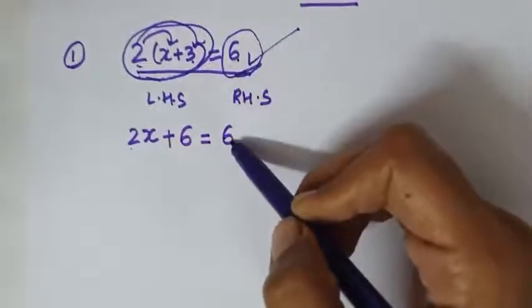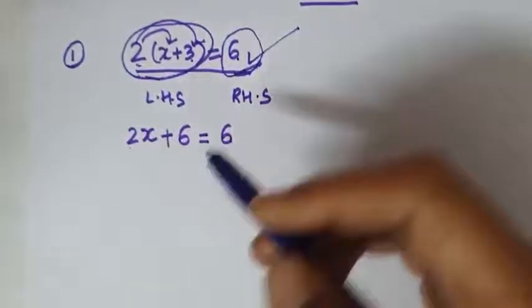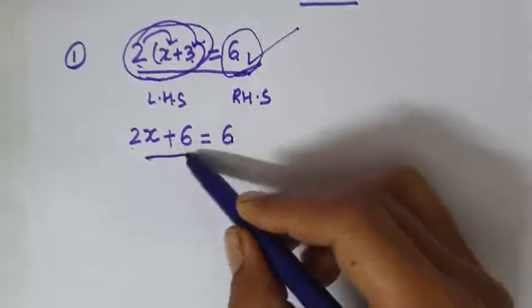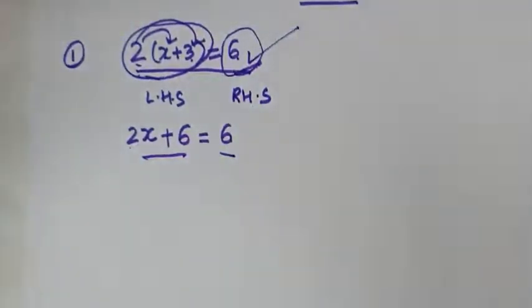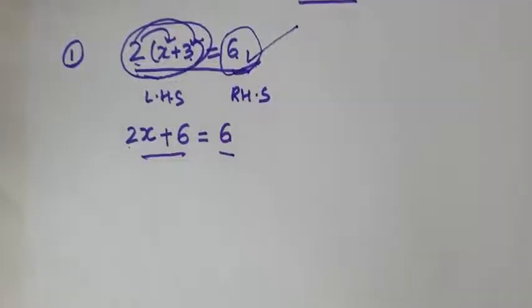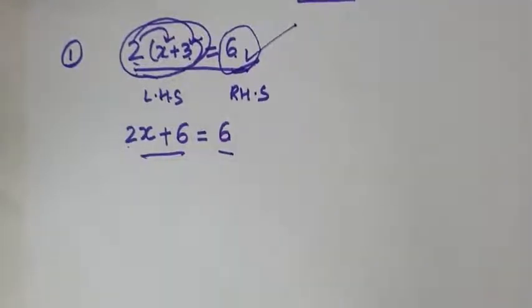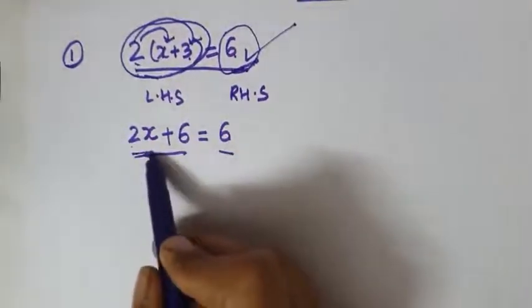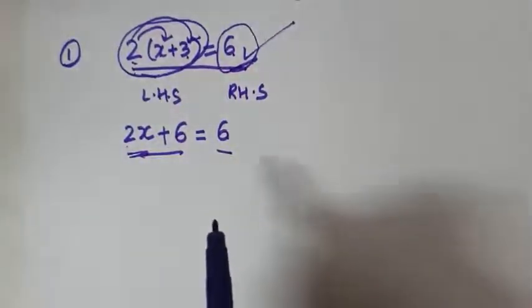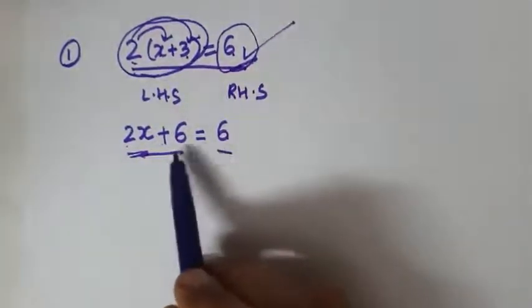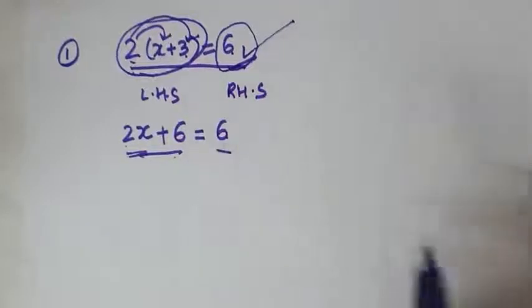This I am writing the same. Now the left hand side and the right hand side are both in simplified form. Now the next step, it's a very important step. Keep the terms having variables on one side, any side, left hand side or right hand side, and the constant terms on the other side.